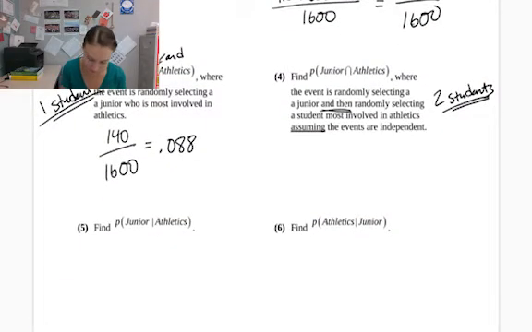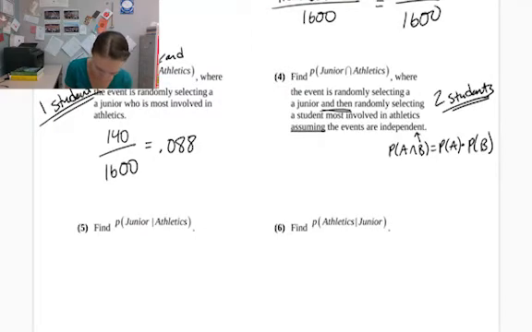All right, so if they're independent, then the probability of A and B equals the probability of A times the probability of B. So if they're independent, and they told us that it's okay to assume it. So I'm going to want the probability that the student is a junior.